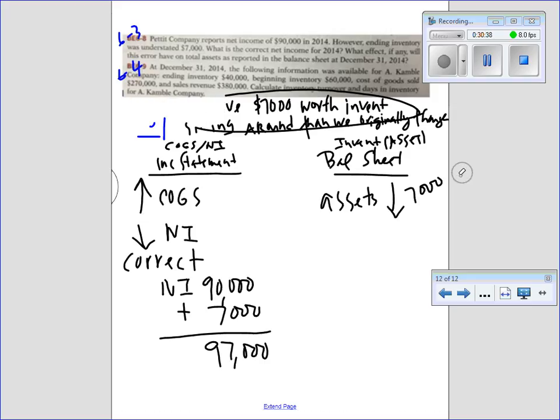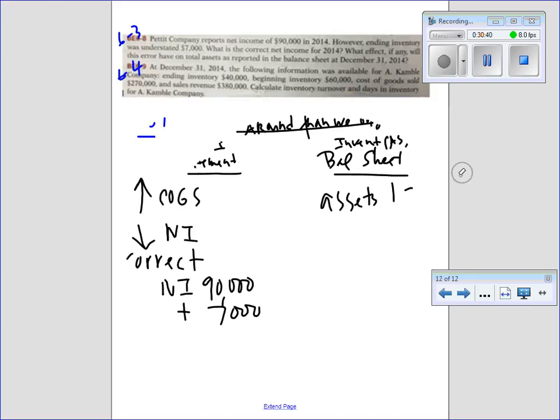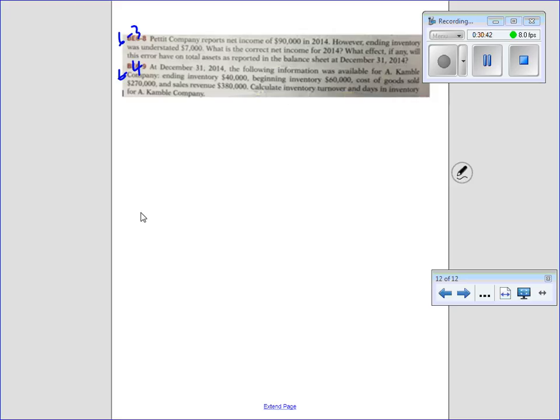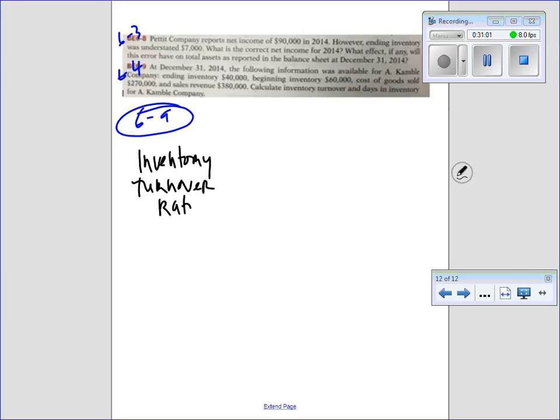And then let's do 6.8. Excuse me, 6.9. I hope you wrote smaller than I did. Ratios. Let's write the inventory turnover ratio before we actually plug any numbers in. Inventory turnover ratio: how many times inventory turns over in a period?